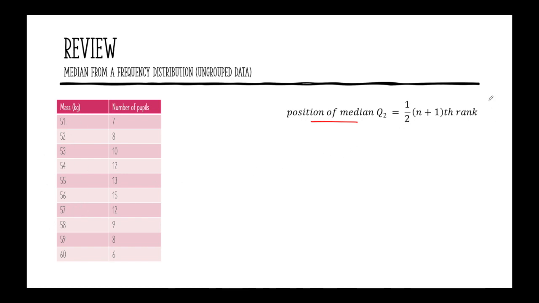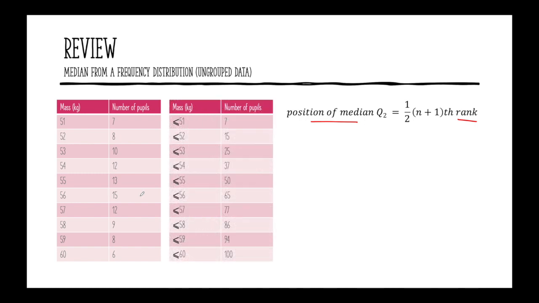Well, we have this formula here, and this formula gives us a rank. But in order to do this, we have to rank the students. Right now, the students are in a normal frequency distribution. So for finding the median, we first have to find the cumulative frequency. So finding the cumulative frequency puts the students in a rank from 1 to 100.